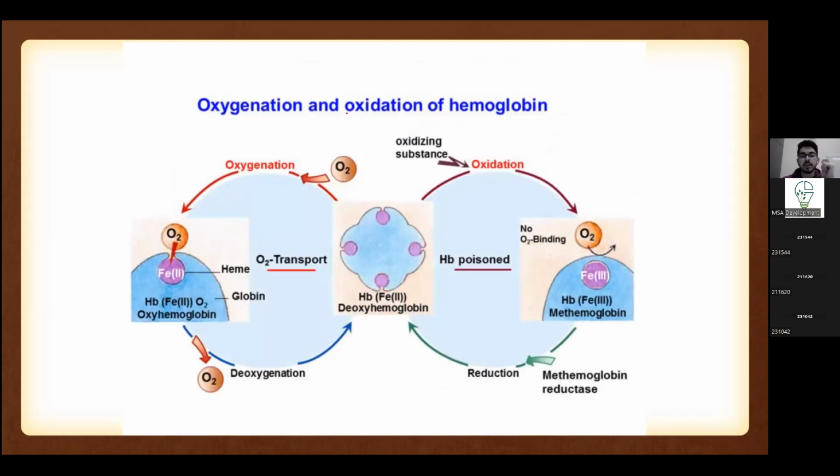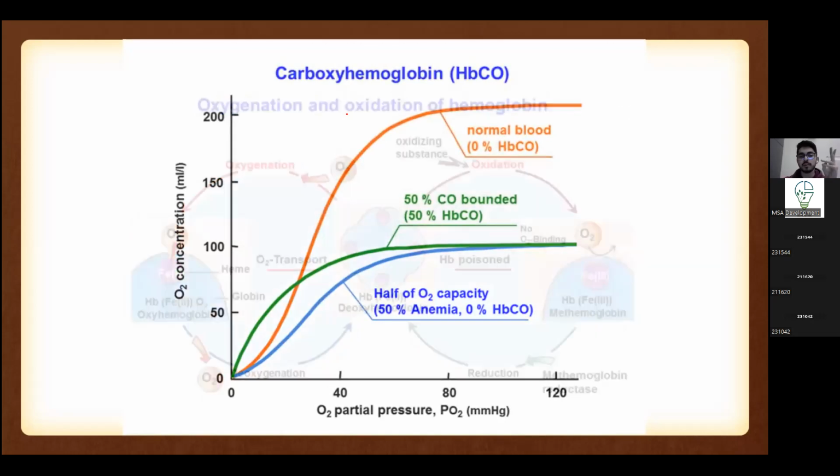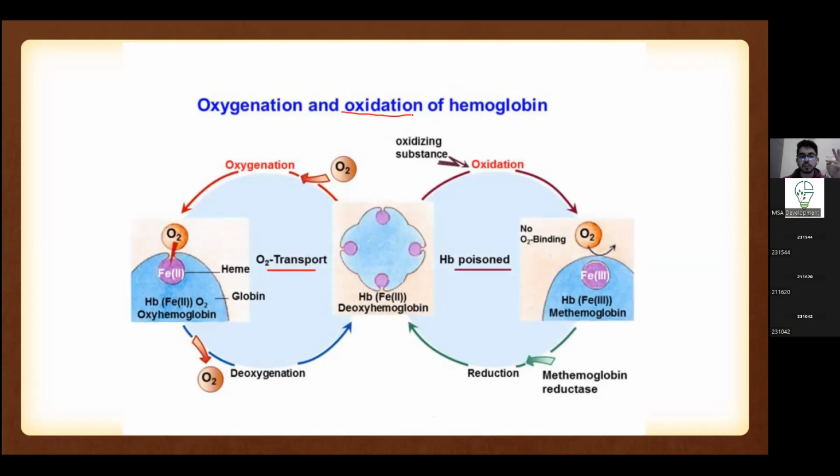We said that we have two scenarios in which hemoglobin is not functioning well. The first one is in case of carboxyhemoglobin, or when it's bound by carbon monoxide. The second case is in the case of oxidation. In a normal cycle, you would see that deoxyhemoglobin, which is the free hemoglobin that's not bound to O2, is going to undergo the process of oxygenation, or basically the addition of an O2 molecule.